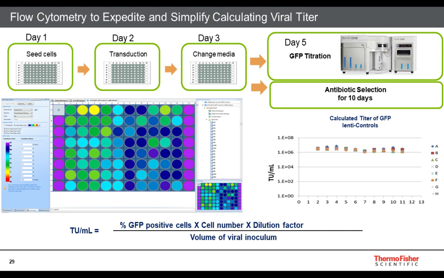So we used flow cytometry regularly and used those GFP lenti control particles as we were producing our virus. We used that as a sentinel as we were titering hundreds and hundreds of plates via P24, via antibiotic selection, crystal violet staining.